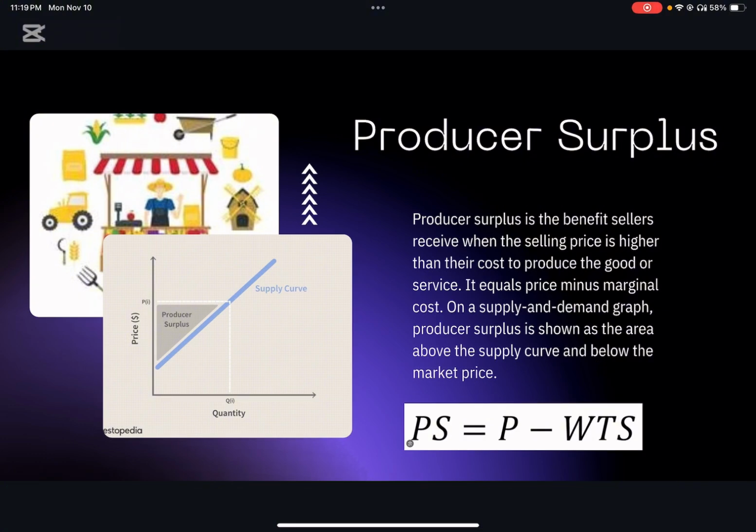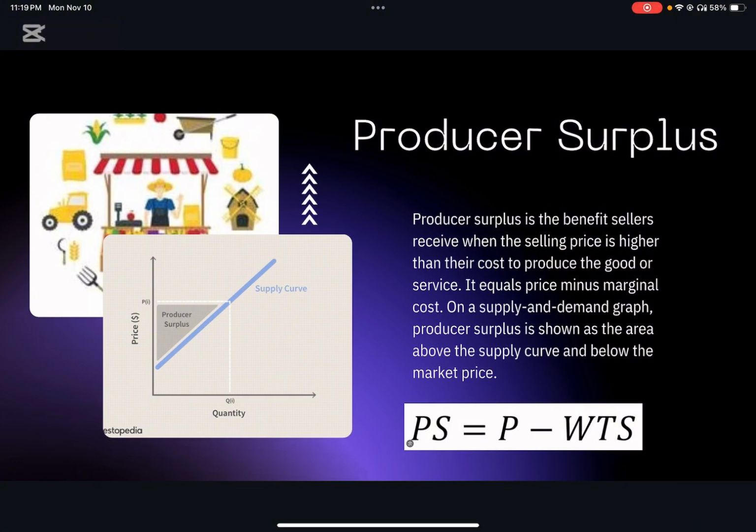Producer surplus. Producer surplus works the same way but from the seller's side. It measures how much producers gain from selling something for more than it costs to make. If the cost of production is lower than the market price, that difference is profit and reward.